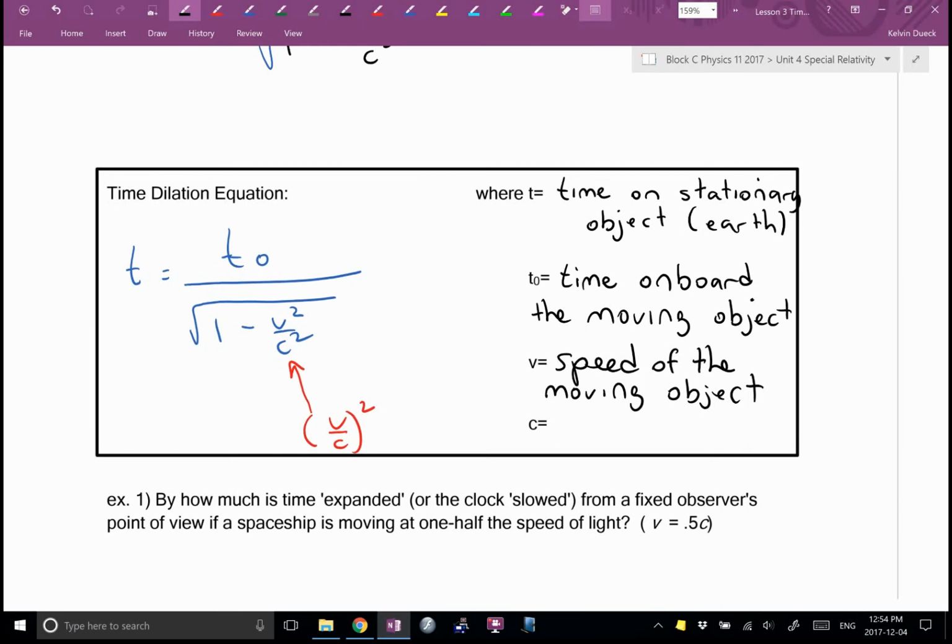Who remembers what the letter C lowercase stood for? Which constant, though? This was the ultra special one. This is the speed of light, which is 3 times 10 to the 8th, but we're going to try and be clever, and instead of typing in 3 times 10 to the 8th, we're going to try and do all of our physics, or at least most of our physics, as percentages of light.